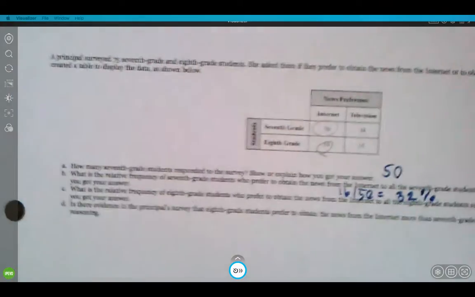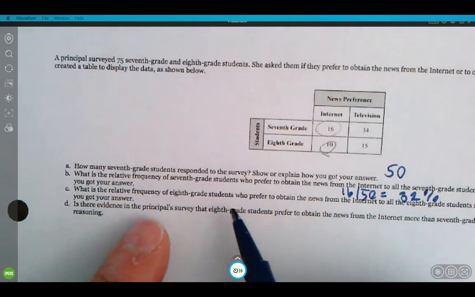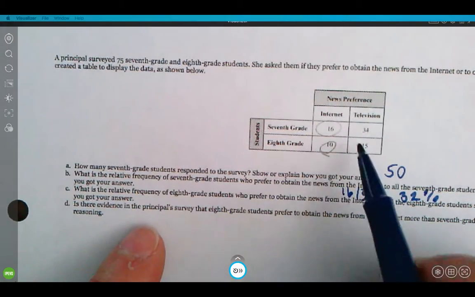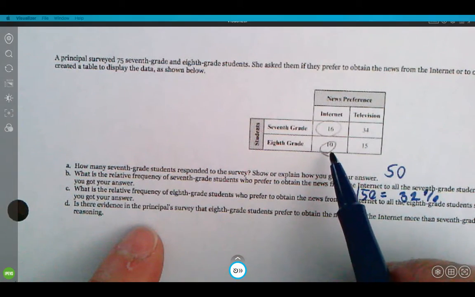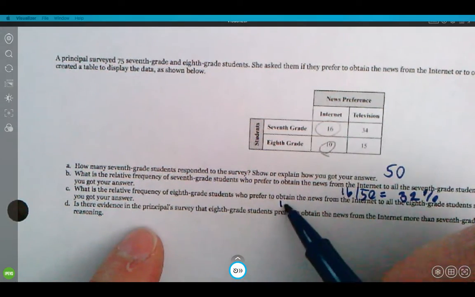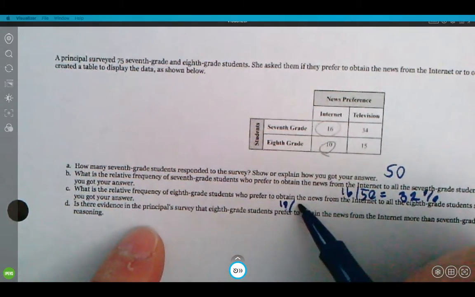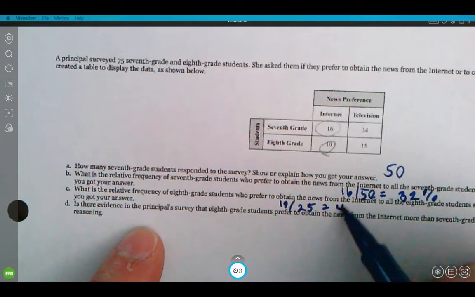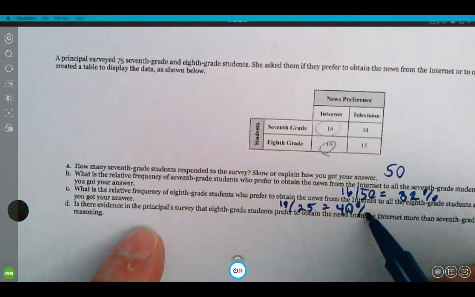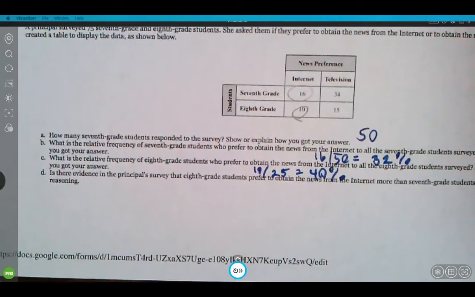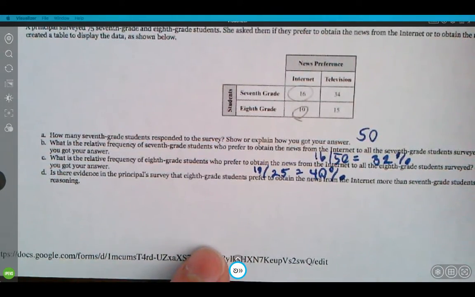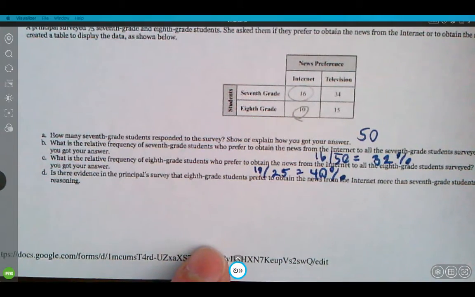Part C, what's the relative frequency of 8th graders that obtain their news from the internet? 8th graders that get their news from the internet is 10 out of how many 8th graders altogether? 25, which is 40%. And the last question, is there evidence that the 8th graders prefer to get their news from the internet more than the 7th graders do?